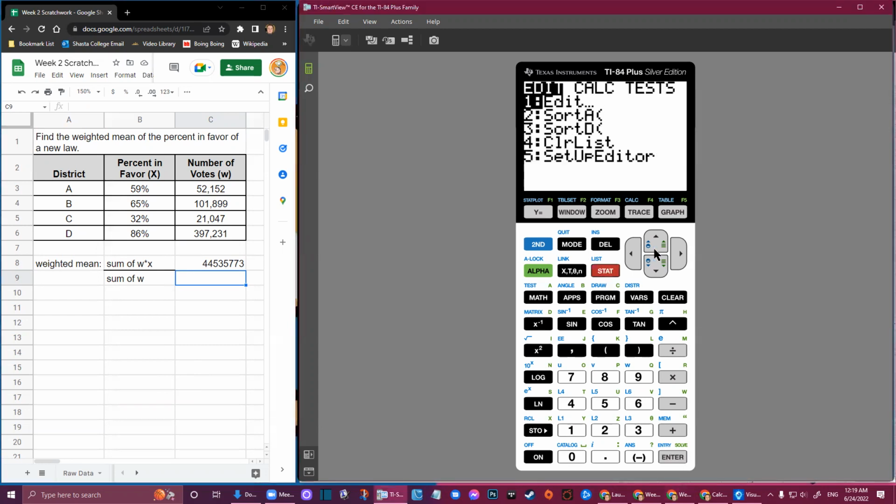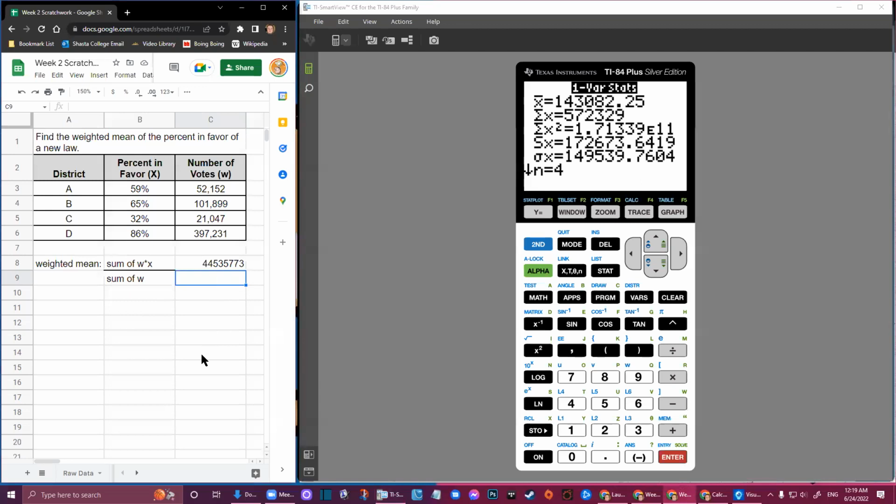If I go stat, calc, one-var stats, and then change that to list 2, it's going to give me the sum of the weights. So I can see from that second data point, sum of X, in this case, sum of weights, because that's what I put in my list, I get 572,329.